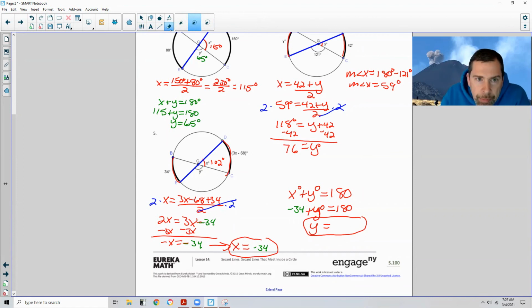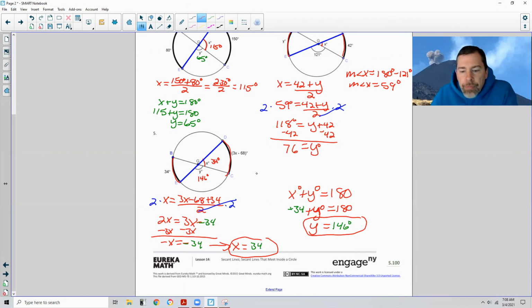Or I'm sorry, x is going to be positive 34, because when I multiply both sides by a negative, I'm going to get a positive 34. So if I subtract 34 from 180, I get 146 degrees. That makes more sense. Okay, so now my x is my acute 34 degrees and y is 146 degrees.